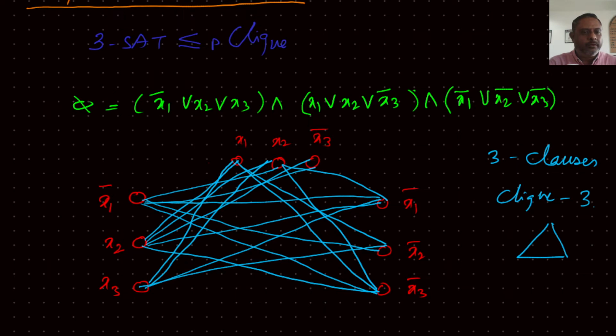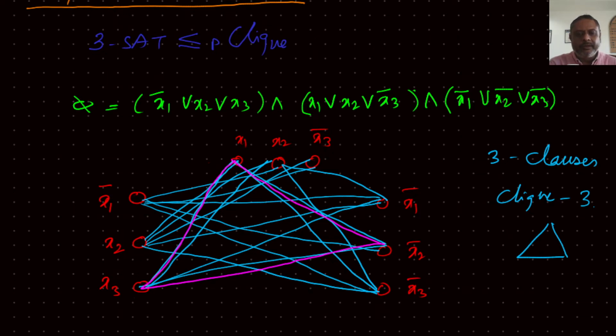What could be a triangle? x1 goes to x3, x3 goes to x2 bar, and x2 bar can go back to x1. So yes, we found one clique.